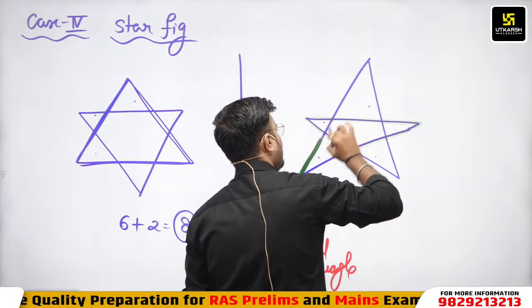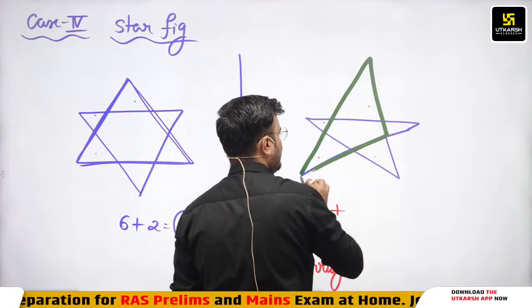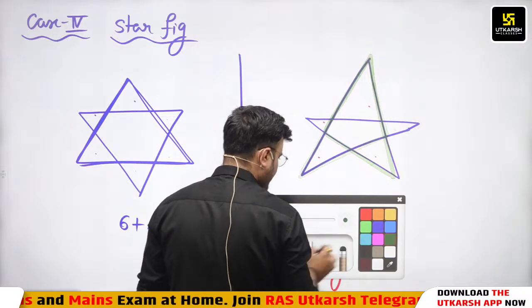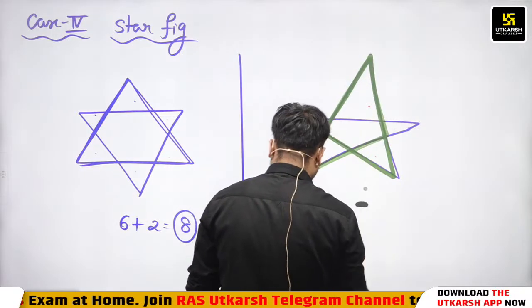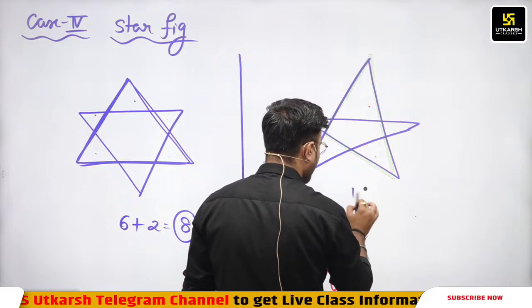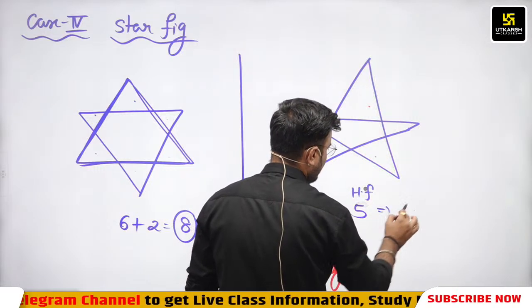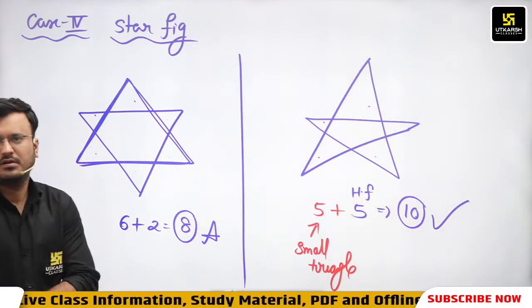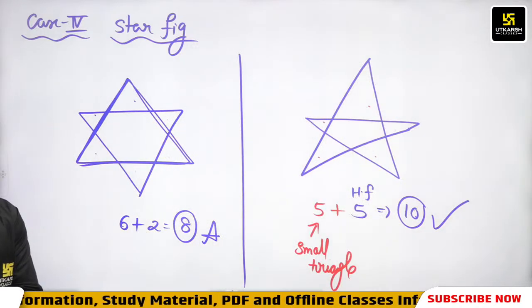Now this is your fourth one, and this is your fifth one. So total 5 hidden figures are there. So 5 plus 5, total 10 triangles are there.